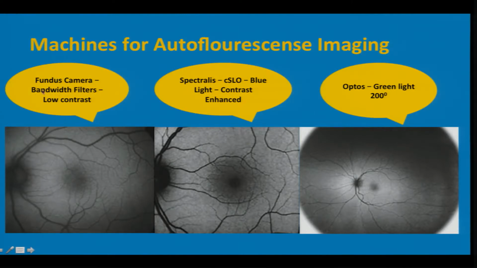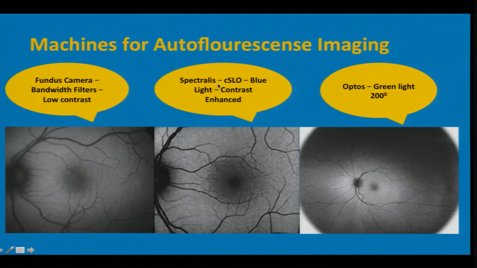Most commonly available are the fundus camera or the CSLO. The fundus camera is what we usually have in terms of Zeiss or Topcon. They use bandwidth filters. That means a range of light is thrown and a range of light is captured from all the layers of the retina and the eye, and hence the contrast is poor. These would also include the autofluorescence emanating from the cornea and from the lens.